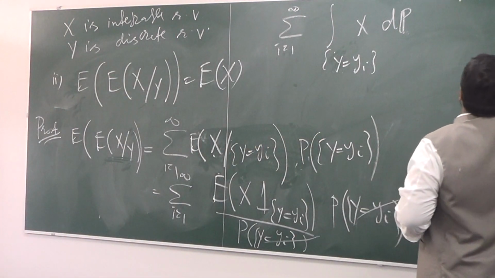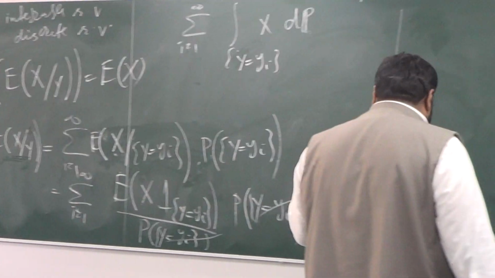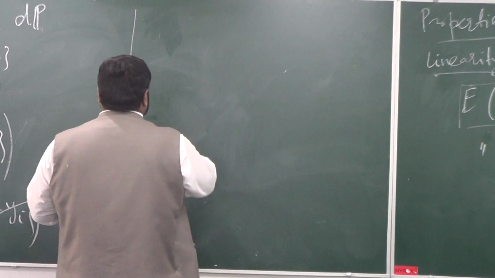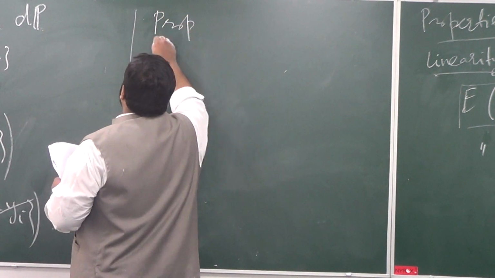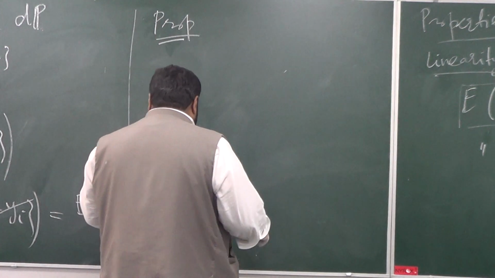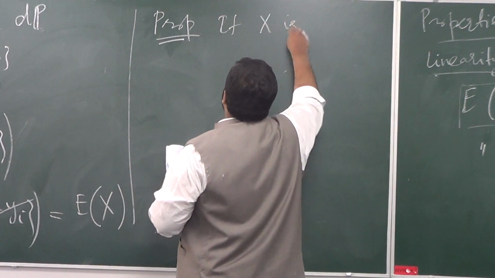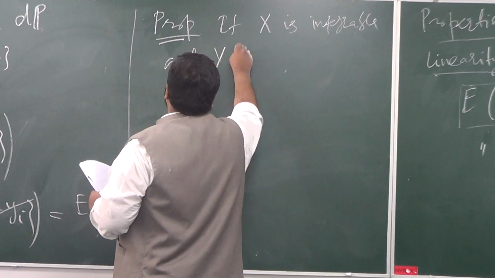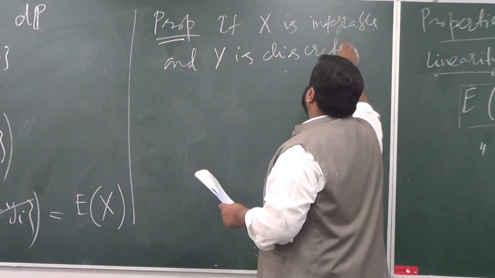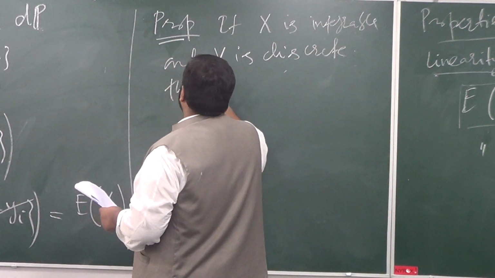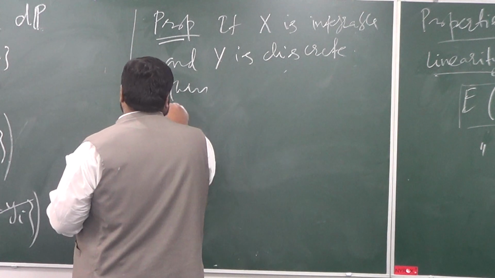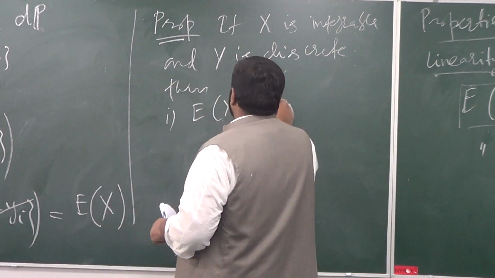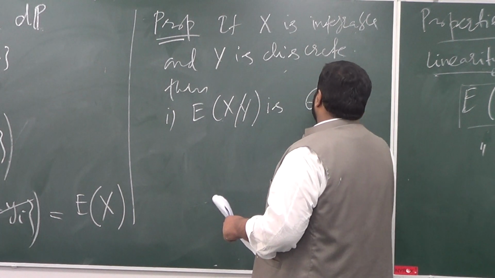Here's another property, written in the form of a proposition, which says that if x is integrable and y is discrete, then, interesting thing, the conditional expectation of x given y is measurable.